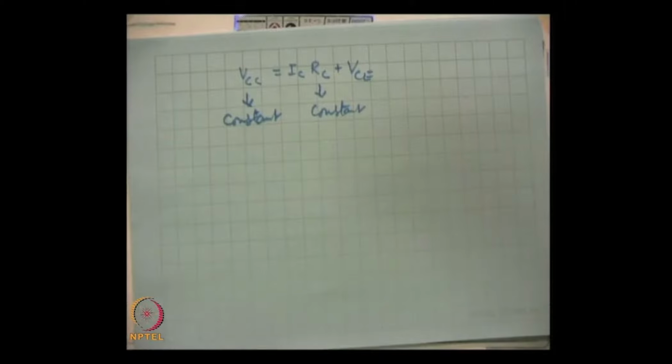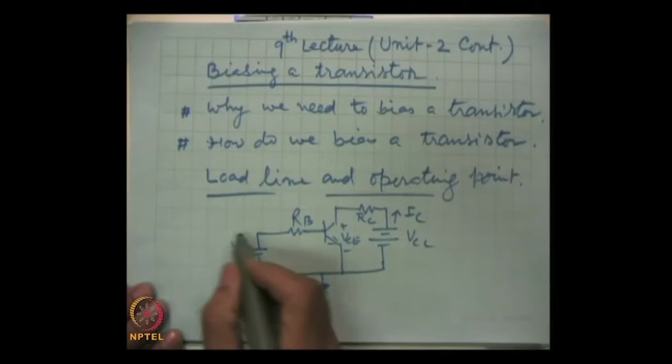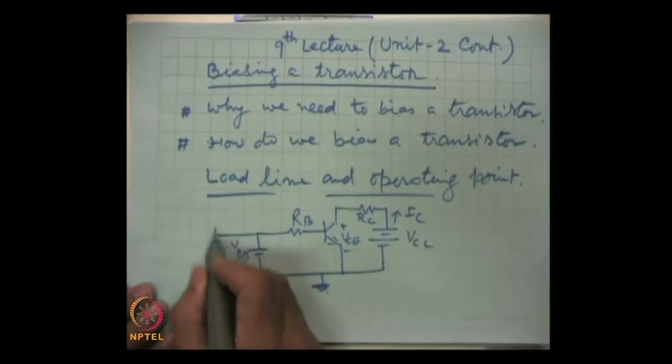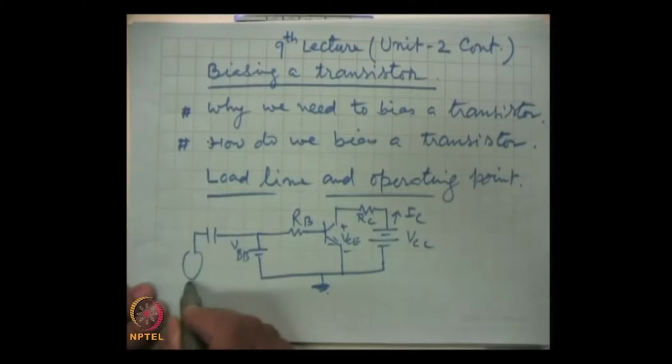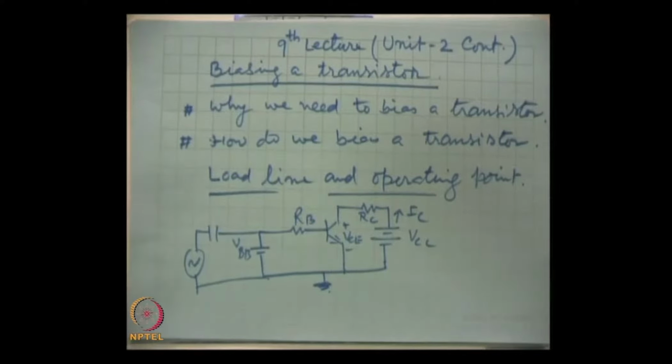but when we superimpose the AC signal on this amplifier like this, a coupling capacitor, and here is the AC source, and this source may be anything, for example, signal from a mic if it is an audio frequency amplifier, or some other radio signal if it is a radio frequency amplifier.